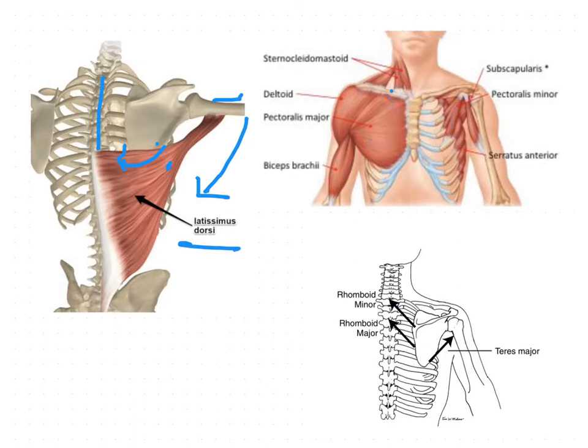One group is the latissimus dorsi and the pectoral muscles, and the other group is the teres major and the rhomboid muscles. Now we are going to see such actions. The first one is the latissimus dorsi and pectoral muscle contribution during depression of the shoulder complex.